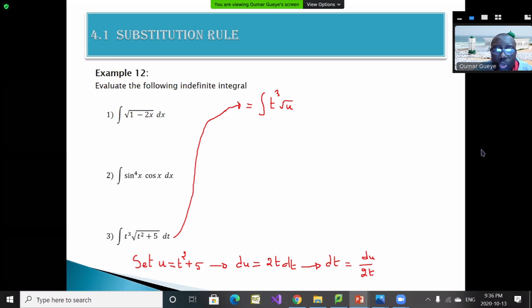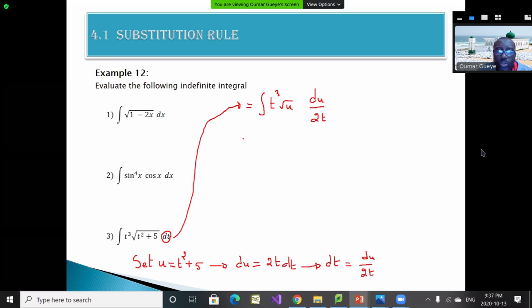You cannot have u and t inside the same integral. It should be in terms of u only. So when I substitute dt by its value, I'll get du over 2t.